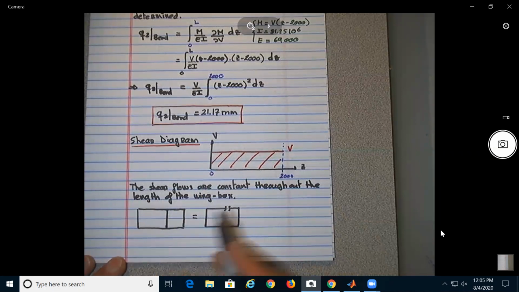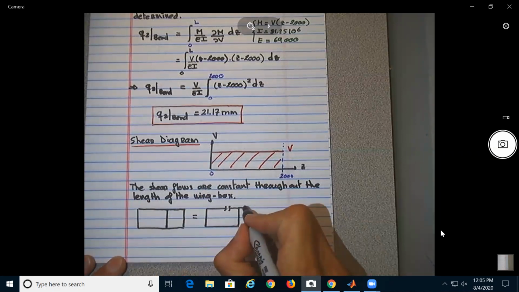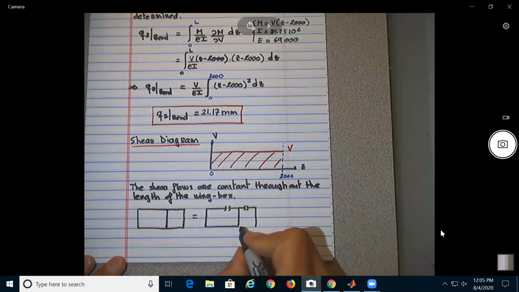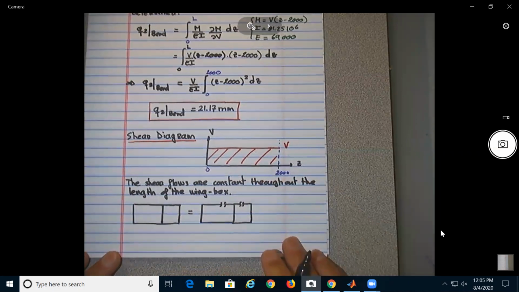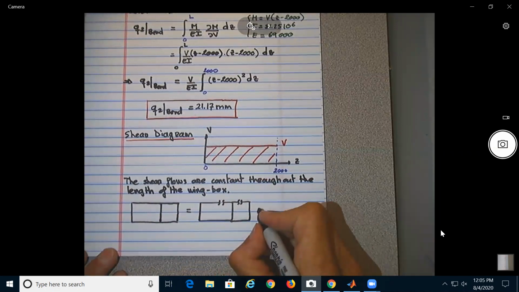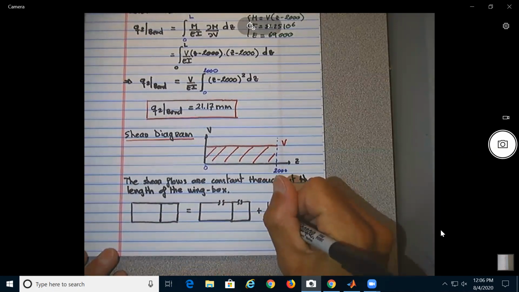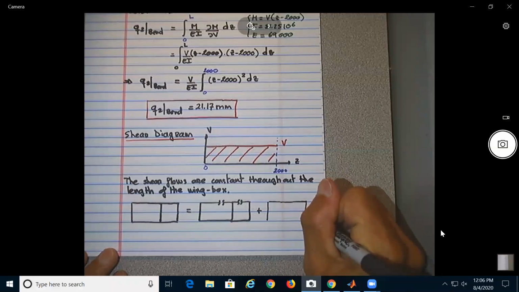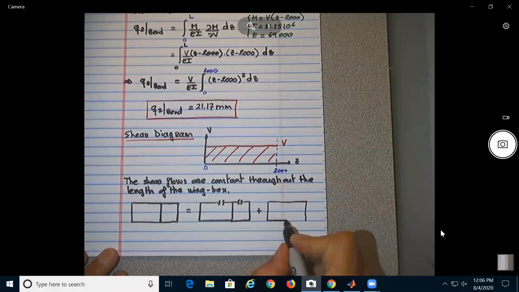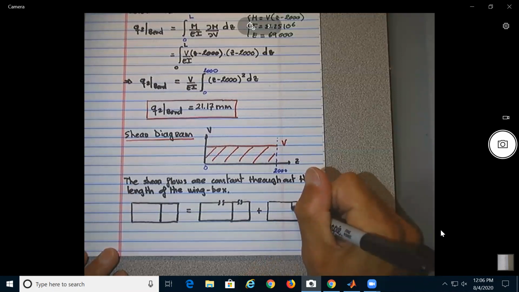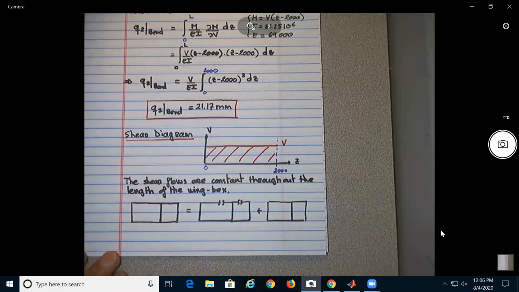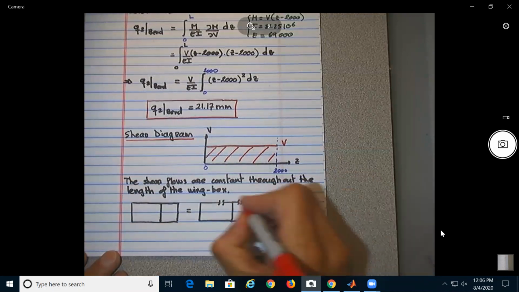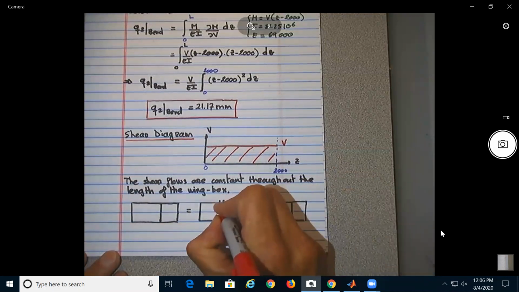So we need to open the section. So we do the cuts here, and this will be Q equals 0 over here.